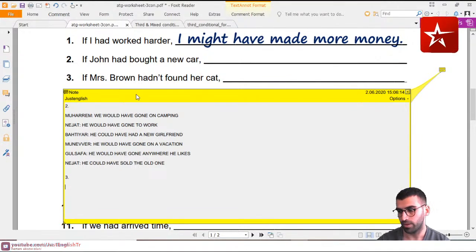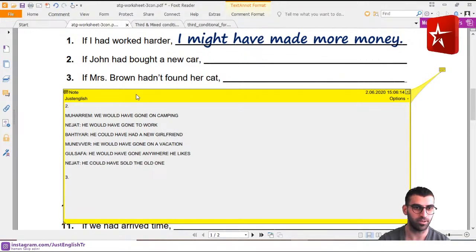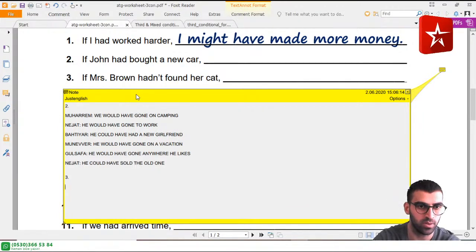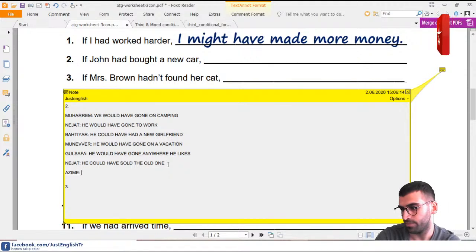Azime wrote an answer: if Mrs. Brown hadn't found her cat, he would have made an accident. He is too much careless. Oh, okay, that's a good answer. I will write Azime's answer.